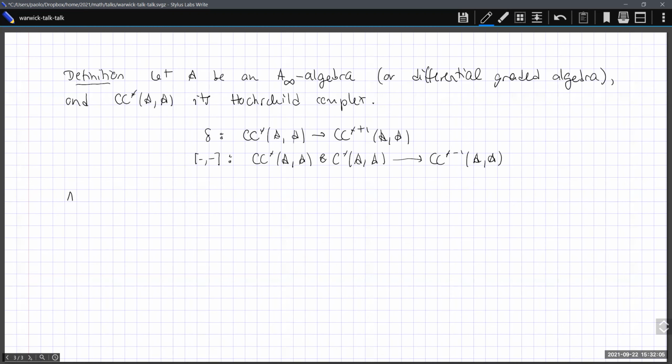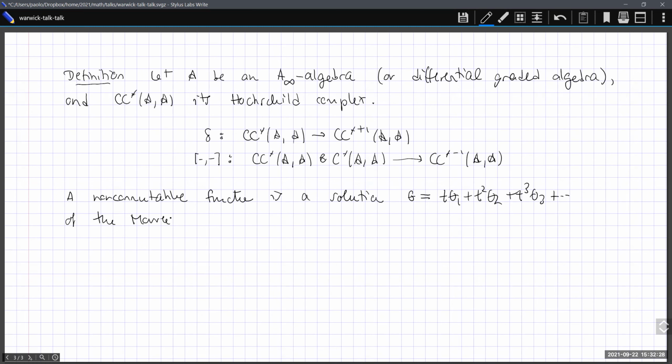So a non-commutative function is a solution theta equals t theta 1 plus t squared theta 2 plus t cubed theta 3 and so on of the Maurer-Cartan equation.